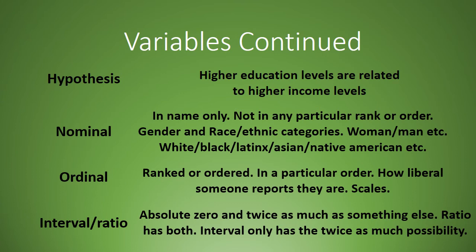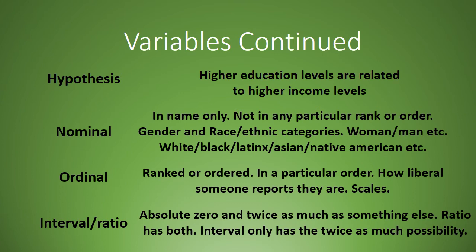Ratio variables can have twice as much of something and have none of it. So you could have no income or twice as much income as someone and be twice as old as someone or ostensibly have no age. And these are ratio variables.